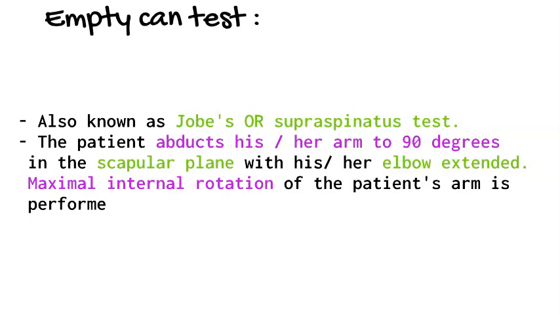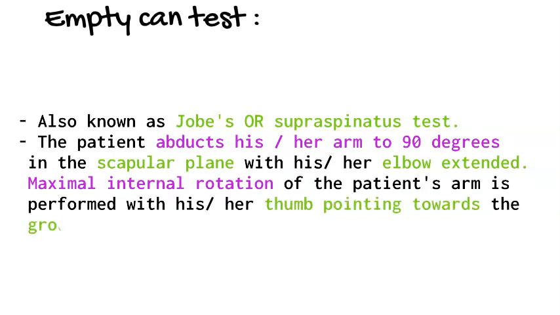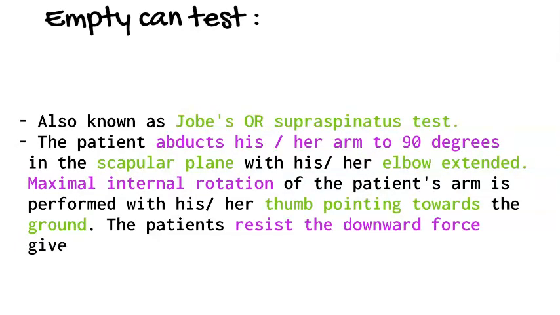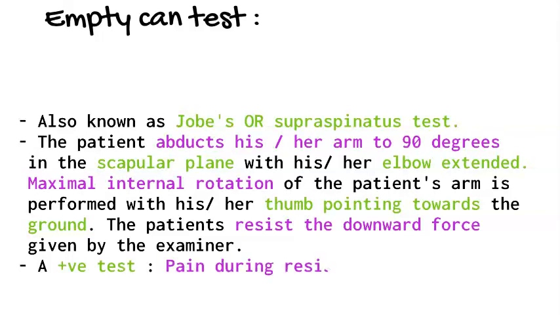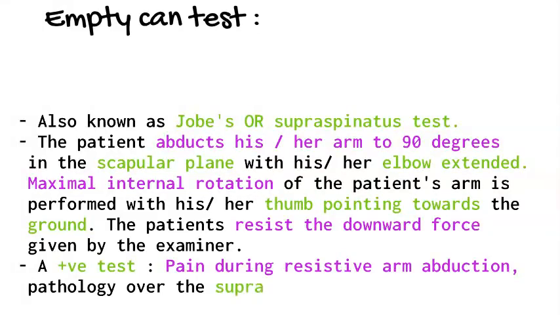Maximal internal rotation of the patient's arm is performed with his or her thumb pointing downwards to the ground. The patient resists the downward force given by the examiner. A positive test shows pain during resistive arm abduction, indicating pathology of the supraspinatus tendon or muscle.